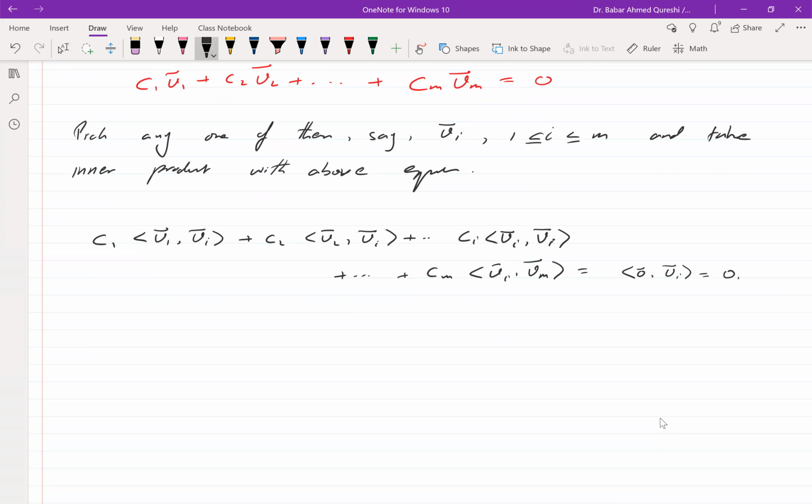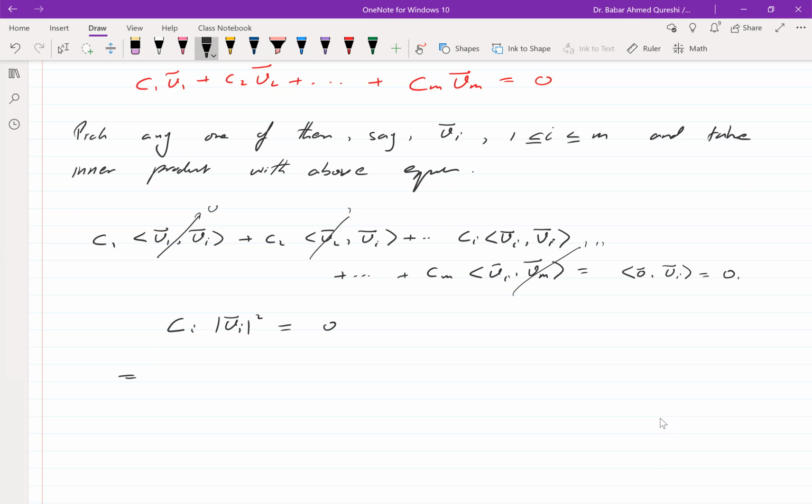Now, since they are orthogonal, all of the terms become 0, except for this one, Vi with itself, which gives you the norm of Vi squared. And this is 0. But the vectors are assumed to be non-zero, so their norm cannot be 0.